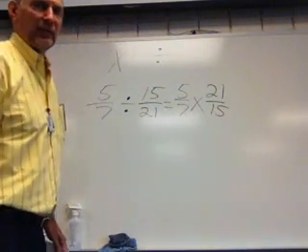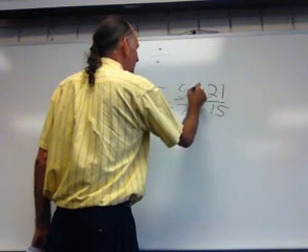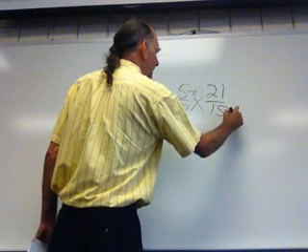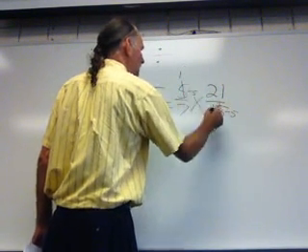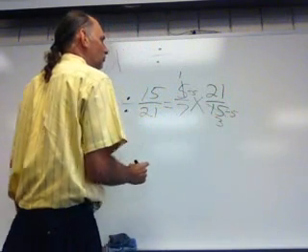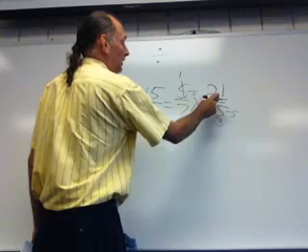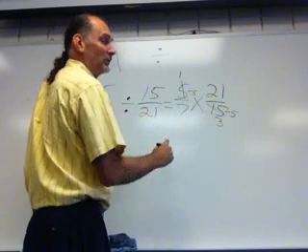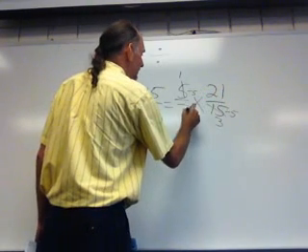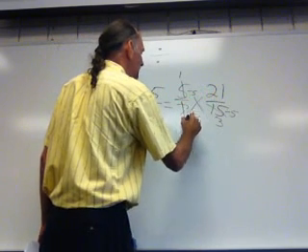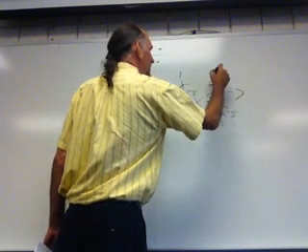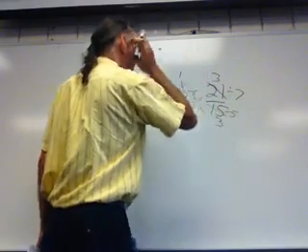Can I do any canceling? Divide that by 5, divide that by 5. That gives me a 1, that gives me a 3. I could do that, but let's use the bigger number. Always look at your biggest numbers. I can divide that by 7, gives me 1. I can divide that by 7, gives me a 3.